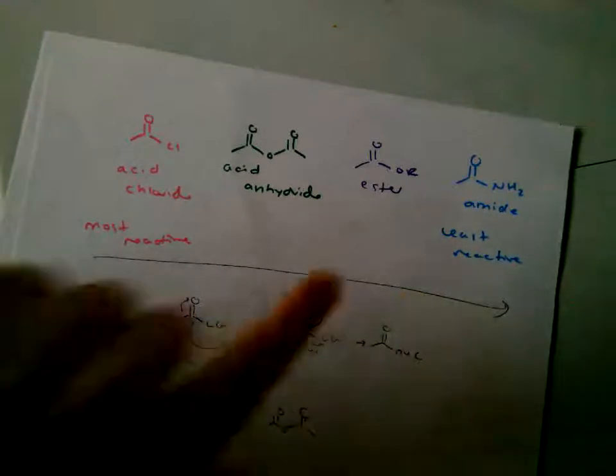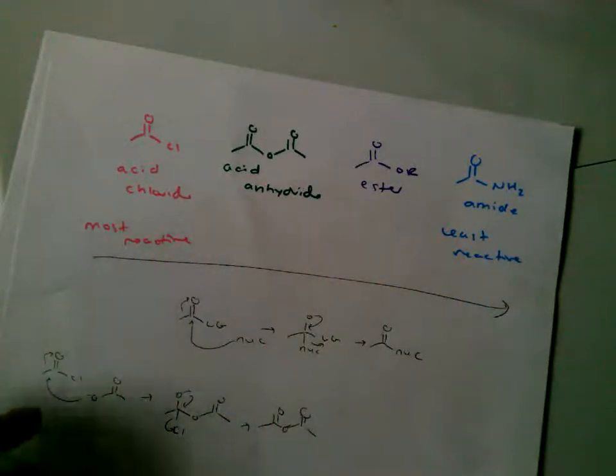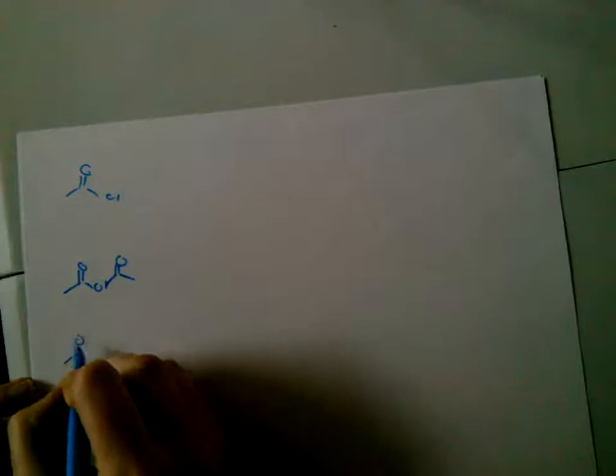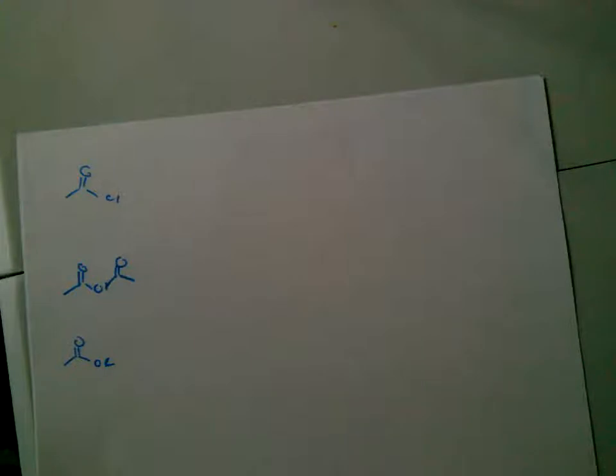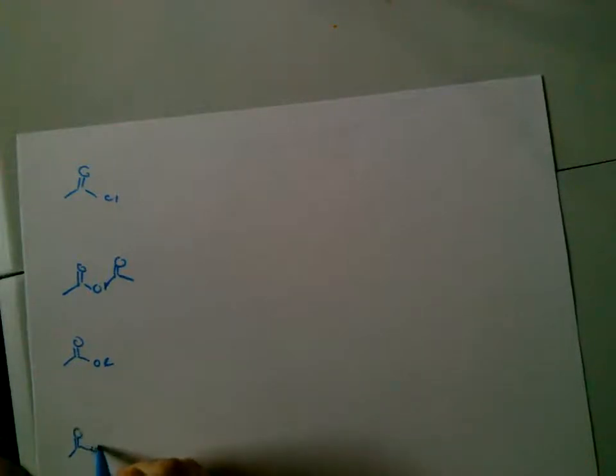So we've now gone through and done acid chloride into anhydride, anhydride into ester, we did ester into amide, and now we're going to do amide. Amides are the least reactive, so they really make the least things, actually. So amides, you've learned a few different ways to make them. You learned with acid chloride, with acid anhydride, with ester, and with carboxylic acid.